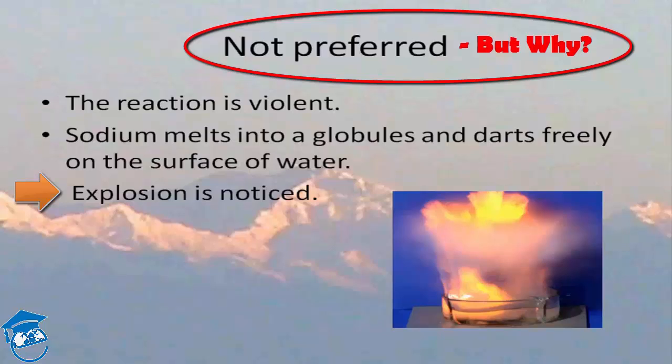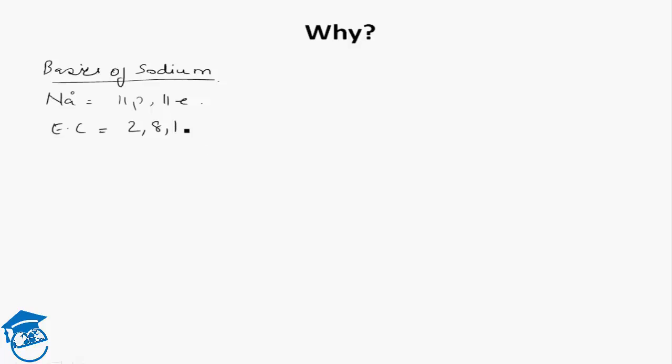Now let's understand why there is an explosion when it reacts with water. First, taking some basic points for sodium. Friends, sodium in its neutral position has 11 protons and 11 electrons. Going towards its electronic configuration, there is one electron present in its outermost shell.